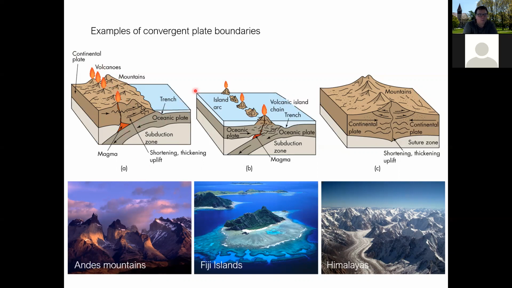The second form of a convergent plate boundary is where you have two oceanic plates interacting with each other. The same principles hold again: the more dense plate will go down. What dictates which of the two oceanic plates ends up being more dense, given they're both made of igneous rocks, has less to do with the composition of the igneous rocks and much more to do with which one is older, therefore cooler and denser, and that allows it to go down.